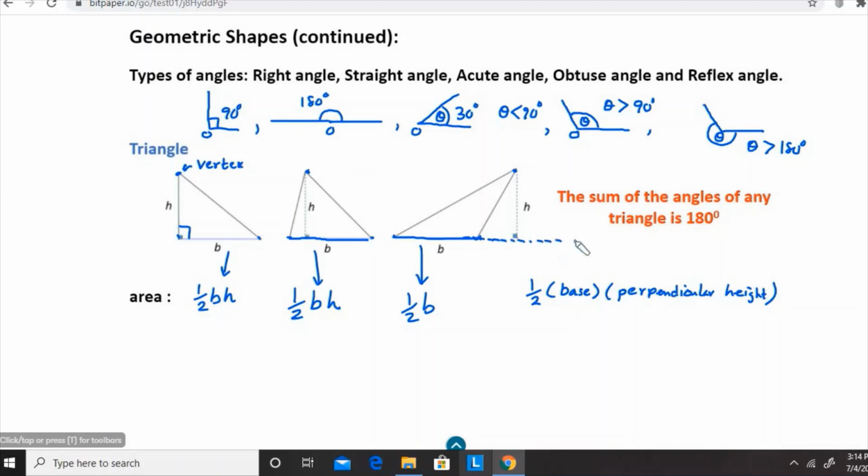Extend this line from the base and then draw a perpendicular from the vertex to the line, and you'll see that height is the same height, h. So basically this is the equation that you need to understand when finding the area of any type of triangle: 1/2 base times the perpendicular height.